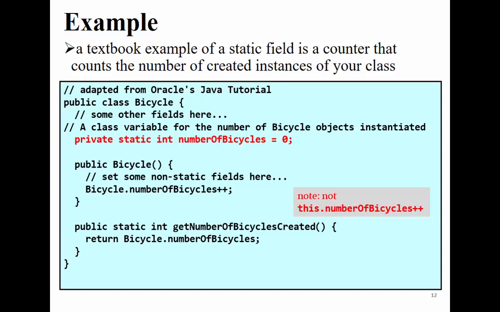You're not copying it every time. There is only one place in memory, everybody is looking at it. So numberOfBicycles is one field, belonging to the class. That's why we access it without an object. We access it with the name of the class. Okay? We keep incrementing. Every time we create an object, all the objects share the same copy, share the same value.